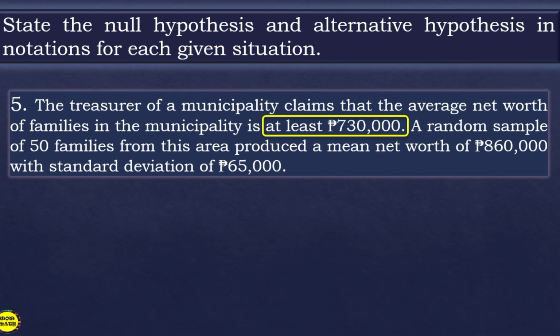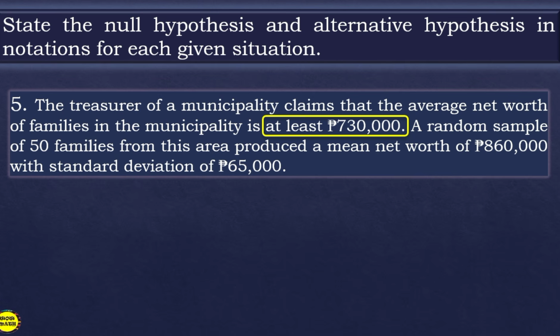Another example, the treasurer of municipality claims that the average net worth of families in the municipality is at least 730,000 pesos. A random sample of 50 families from this area produce a mean net worth of 860,000 with standard deviation of 65,000 pesos. So kitang-kita naman na yung claim dito is yung at least 730,000 pesos. And then yung at least ay under saan?